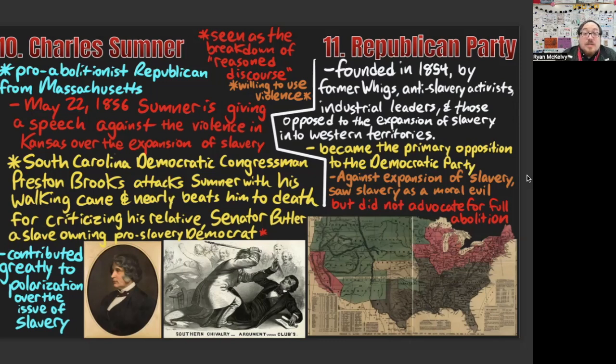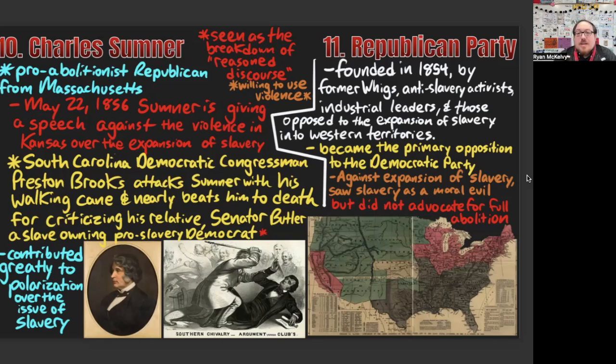And so, in response, members of the Whig Party, but also anti-slavery activists and industrial leaders in the North, will come together to create the Republican Party, and they will form the primary opposition to the Democratic Party, although it will take them a couple elections to really get a foothold. They will not be able to get a lot of candidates in the 1854 election, nor in 1856, or even 1858. But it's in 1860 that they really get a good part of the government, including the presidency.